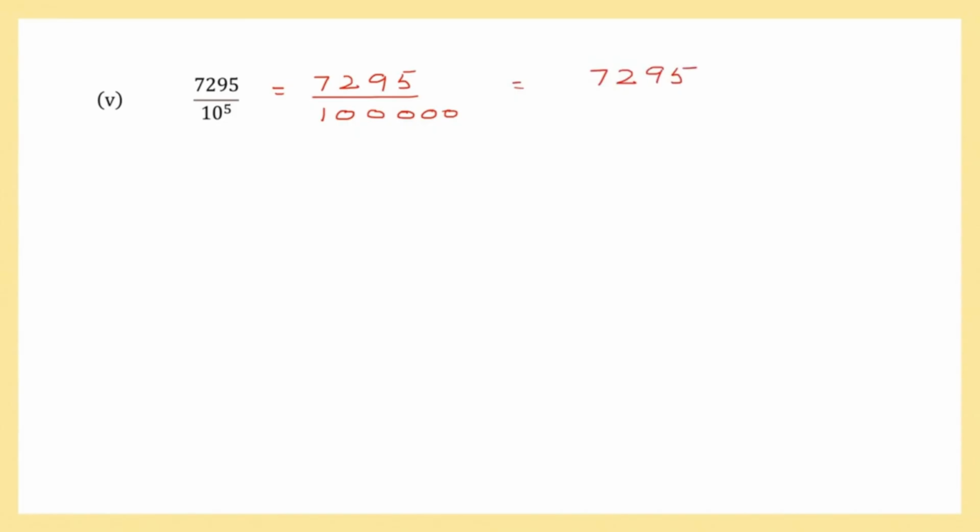And I'm going to look at my denominator and count the number of zeros. 1, 2, 3, 4, 5. So my whole number should have 5 decimal places. So that means it will move 5 places to the left. 1, 2, 3, 4 and 5, and then I put the point.